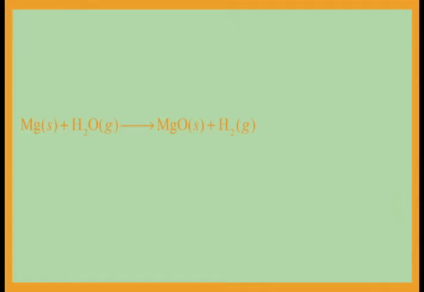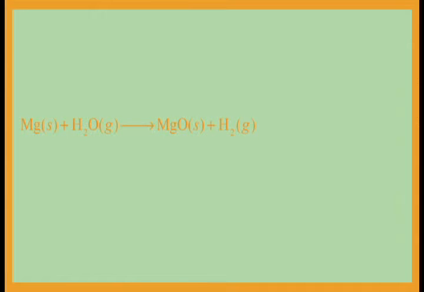One magnesium atom reacts with one water molecule in the form of steam to form one magnesium oxide molecule and hydrogen gas. Because the magnesium cation is positively charged and has a charge of 2+, only one magnesium metal atom is required to react with the water.